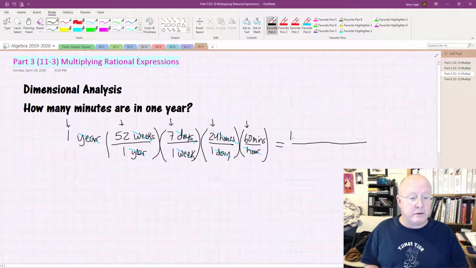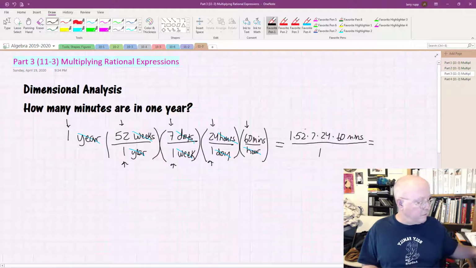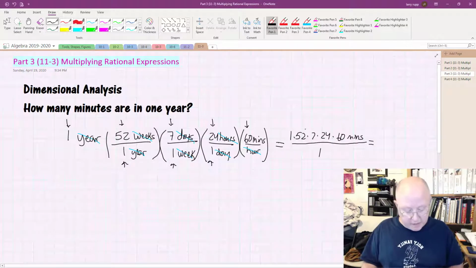So writing these out, we have 1 times 52 times 7 times 24 times 60 minutes. On the bottom, we're left with 1, 1, 1. So 1. That's all there is, 1. So when you multiply all of this out, you get your handy dandy calculator out.